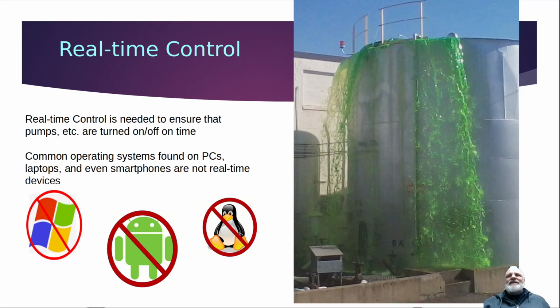On the other hand, as you can see with this tank of antifreeze overflowing out of the top and onto the ground, that's a bit of a disaster. And so you need to have a real-time operating system most of the time. You can't use something like Windows to control a system when it's important that things happen now, in real time.